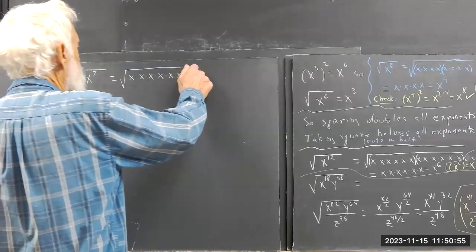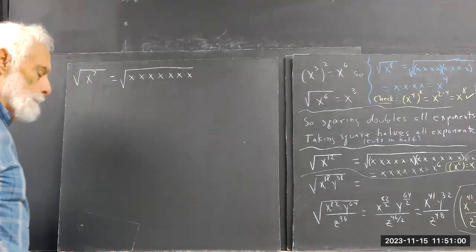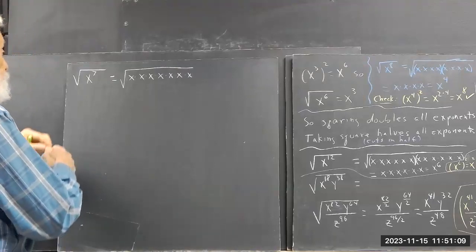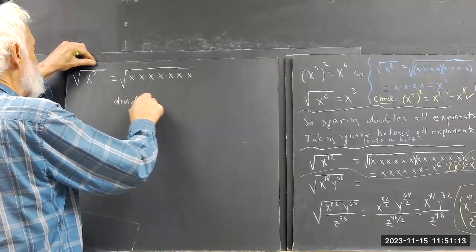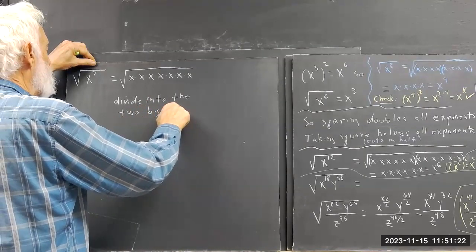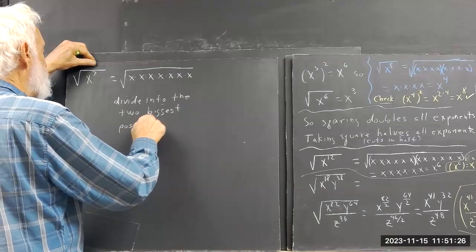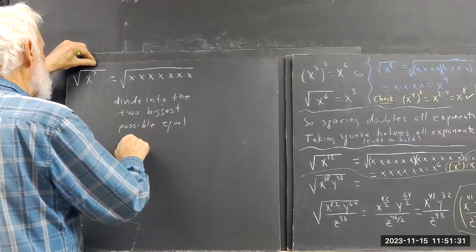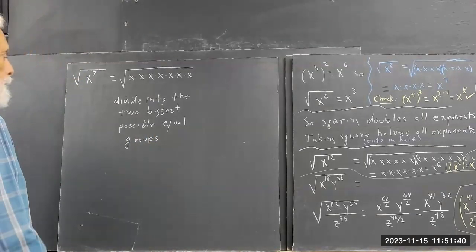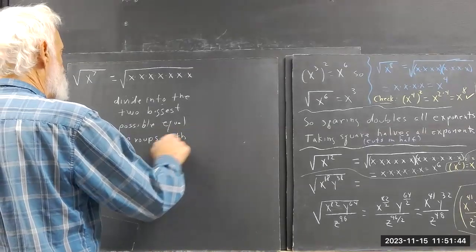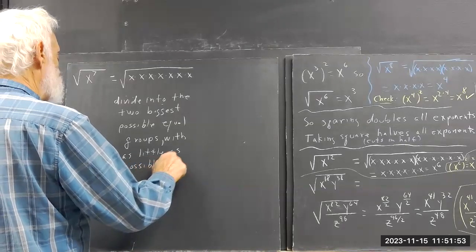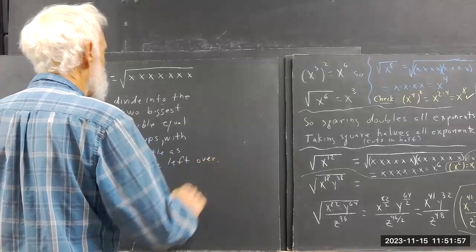So what we do is we divide this into the two biggest equal groups we can, and I'll say with as little as possible left over.